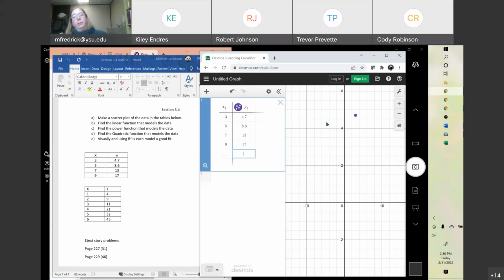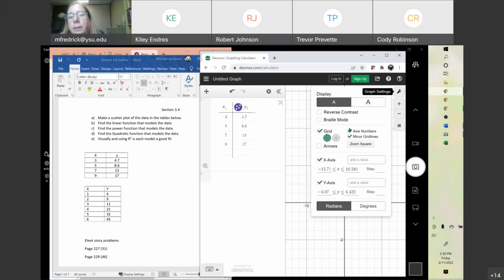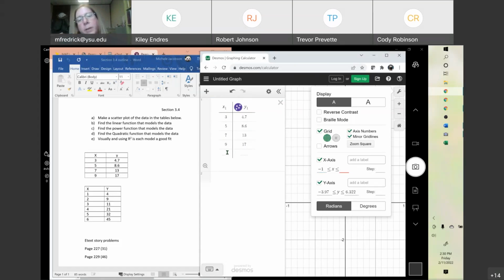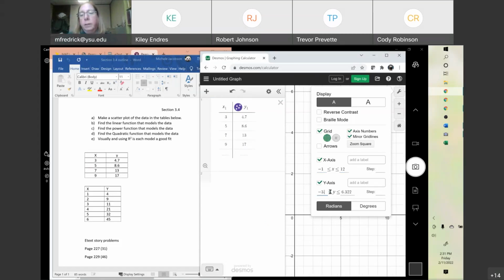Of course, we need to adjust our window. So we'll go over to here, and I'm going to go from -1 to, my highest number for X is a 9, so I'm going to go to 12. And then again, Y, I'm going to go -1. And my largest is a 17, so I'm going to go to 20.